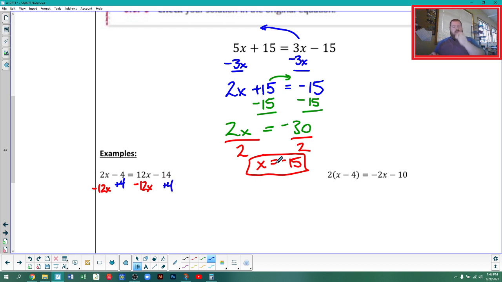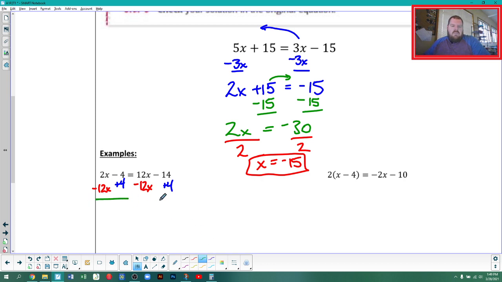So think about what I'm doing there. I'm taking the 12x off of one side, and in order to take it away, I have to take it away from the other side. I want the numbers on this side to equal 0, so I'm going to add 4 to that negative 14.